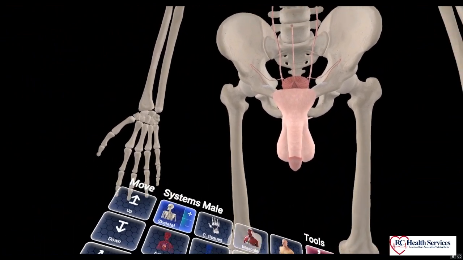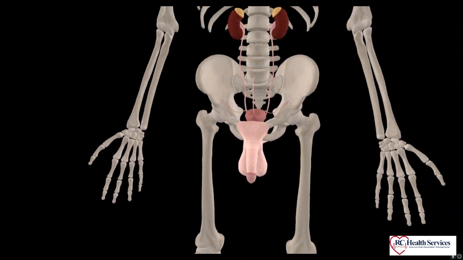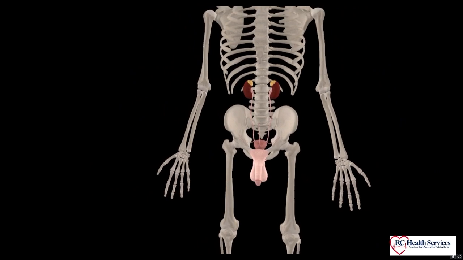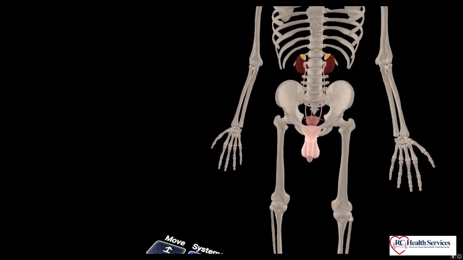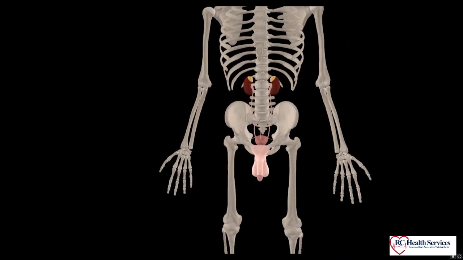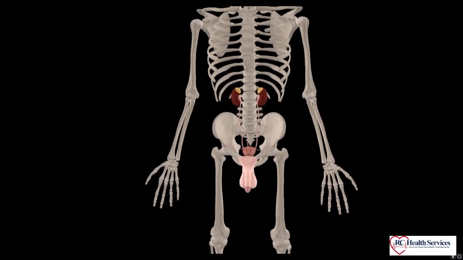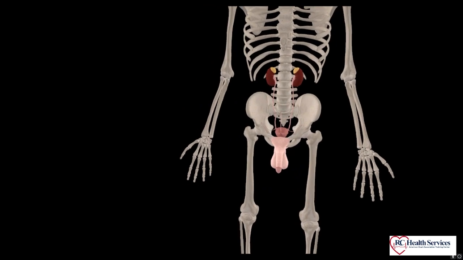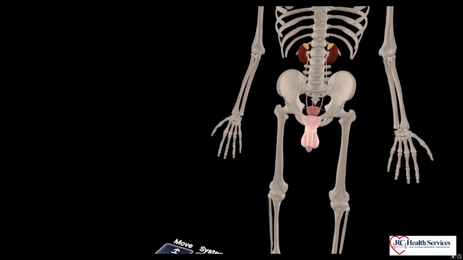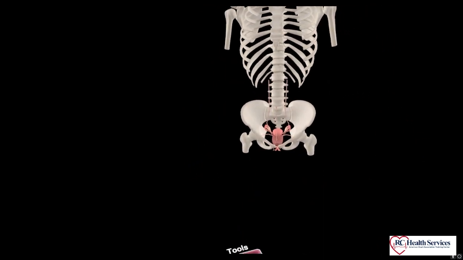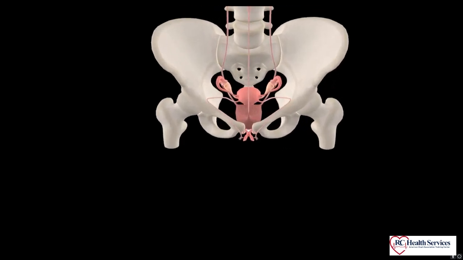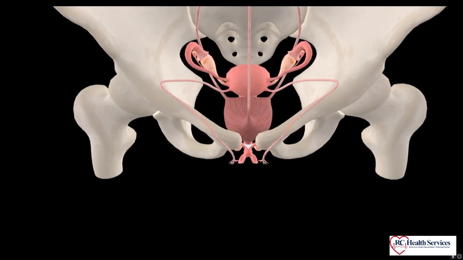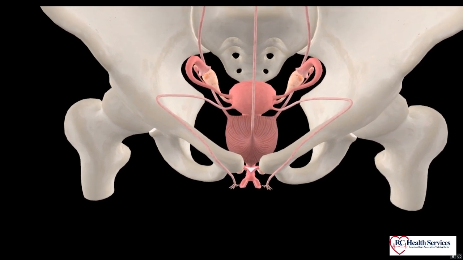In men, you have a longer urethra, so you usually are not as prone to urinary tract infections, just because it can be flushed out, and there's a longer distance between the tip of the urethra to the bladder. Whereas for female patients, that distance is much smaller, which is why female patients are more prone to urinary infections and UTIs.